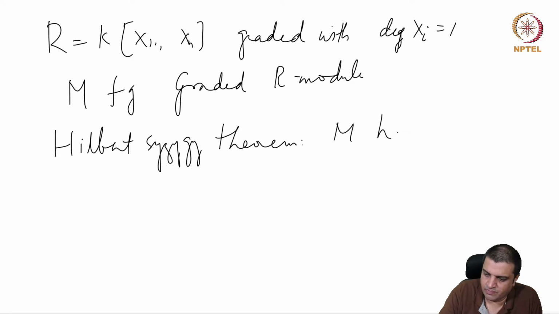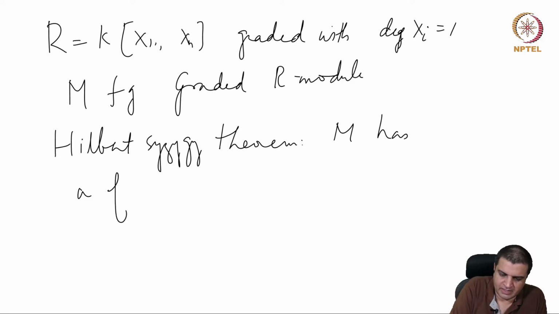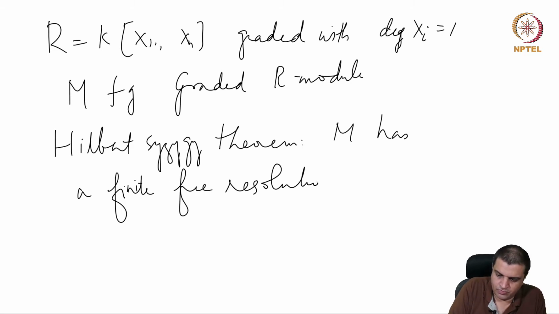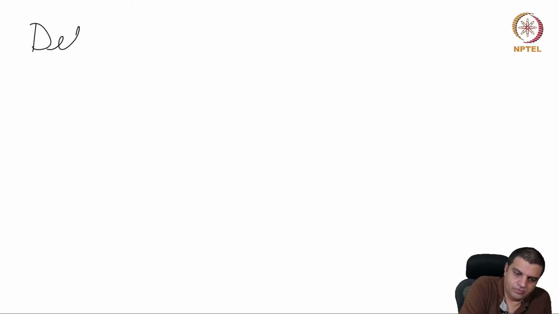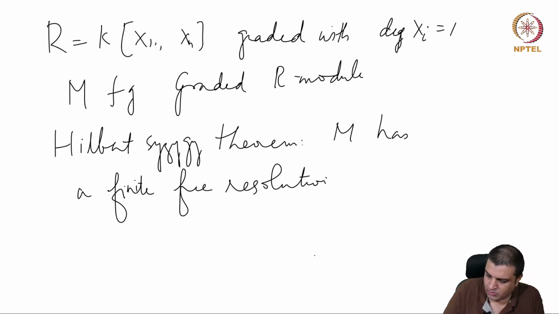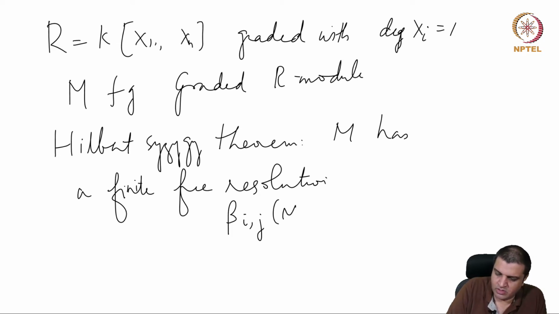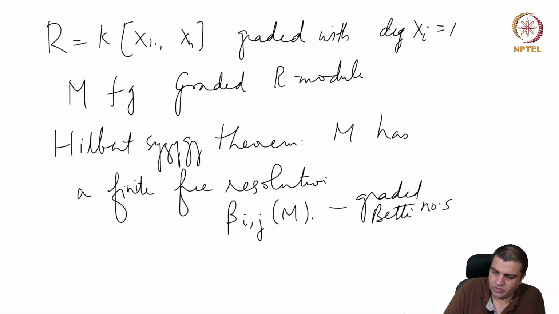M has a finite free resolution. Okay, and then we also know what are called graded Betti numbers. Okay, so these are the graded Betti numbers: the number of copies of R(-j) that appears in position i of the free resolution.